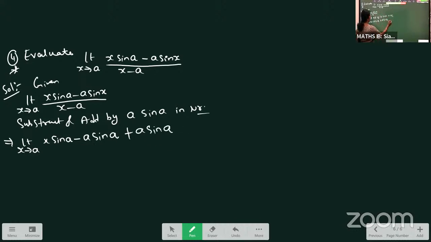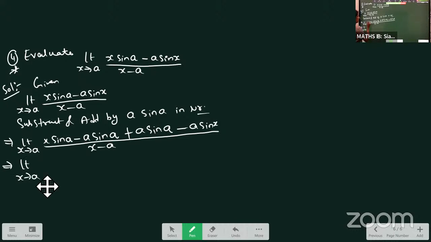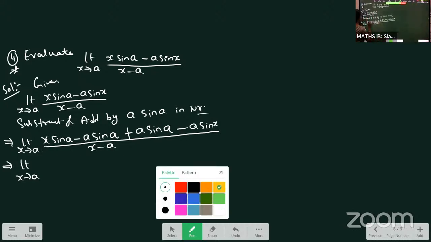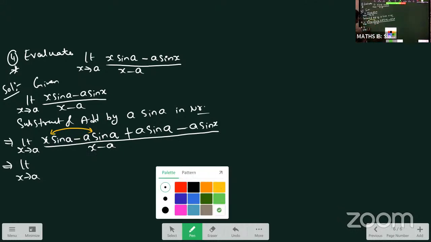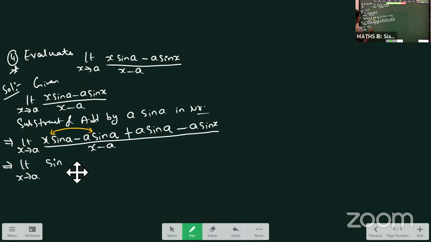Now next term as it is, minus a sin x, whole divided by x minus a. From the first two terms, any common? Sin a is common. So take sin a common. Left out what? Here x will be left out, minus a will be left out.